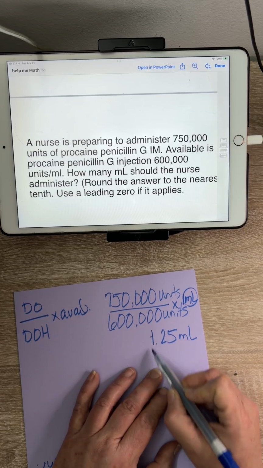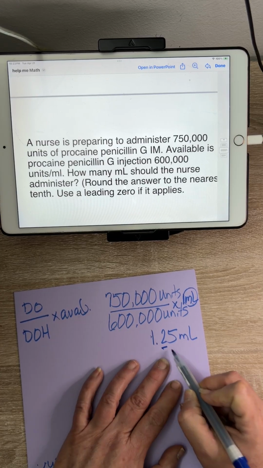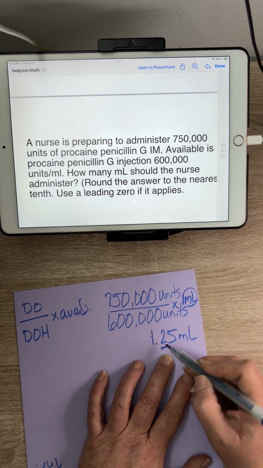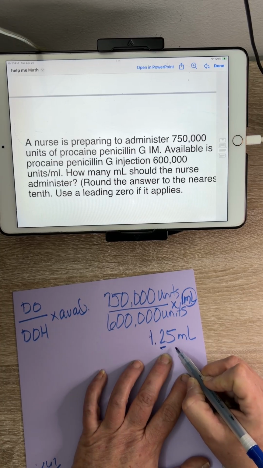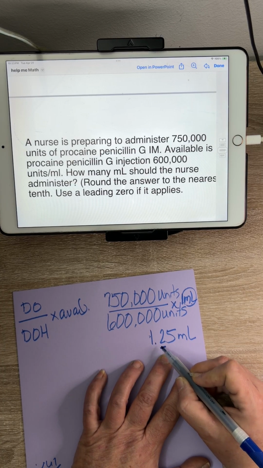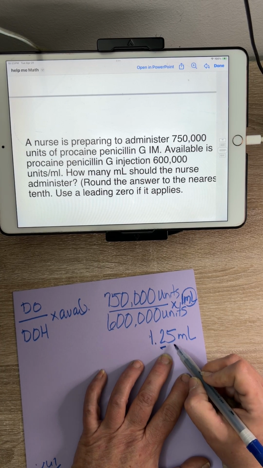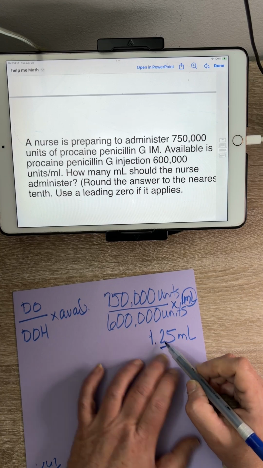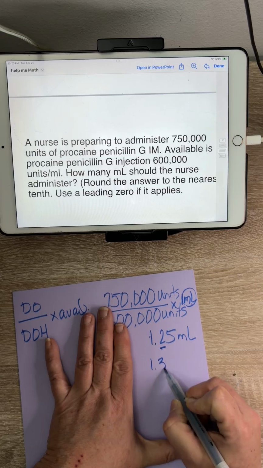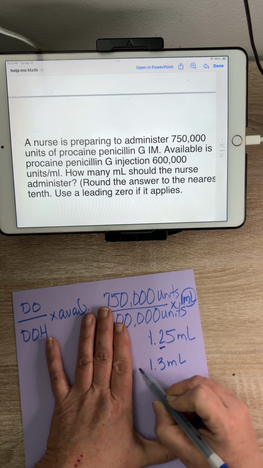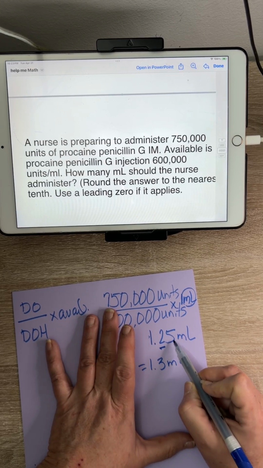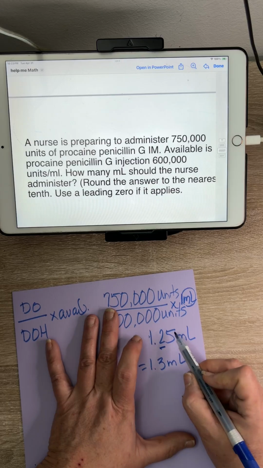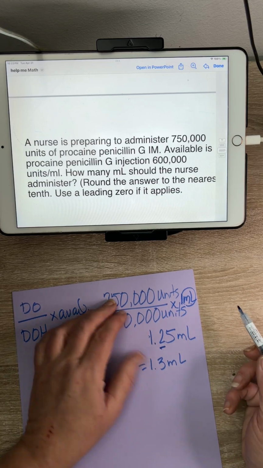So this is the whole number, this is a decimal, this is the tenth place. But we got to look at what's in the hundredth place to know if we need to round that number up. The rule is 5 or higher makes this number a 3. So that will be 1.3 milliliters to be the answer. If that was 4 or less, it wouldn't change anything, and it'd be 1.2, okay?